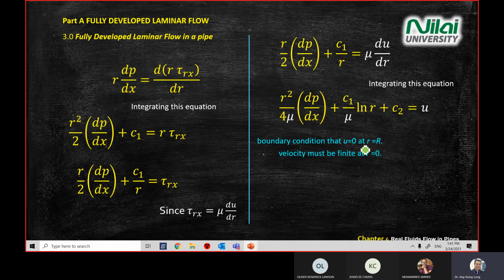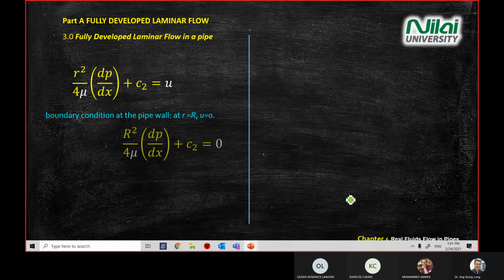There are 2 boundary conditions. One is u equals 0 at the wall, and the other is that the velocity at the center is maximum, or there's a finite velocity. So you'll get your C1 equals 0, and then you continue with the substitution of values to get C2, with r equal to R, u equal to 0.